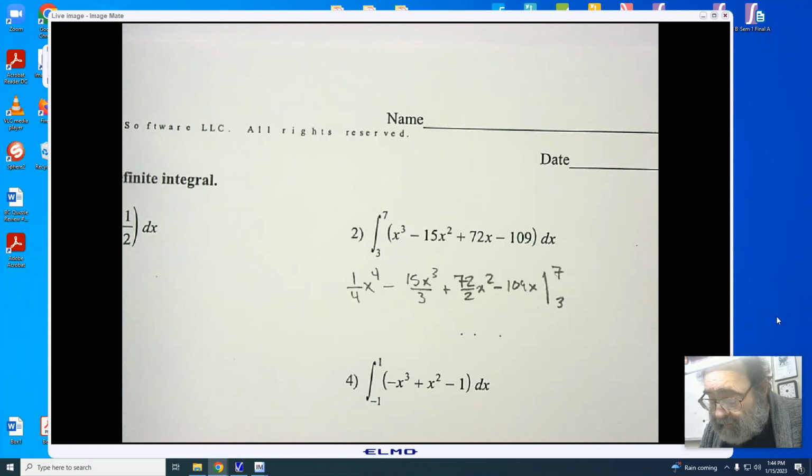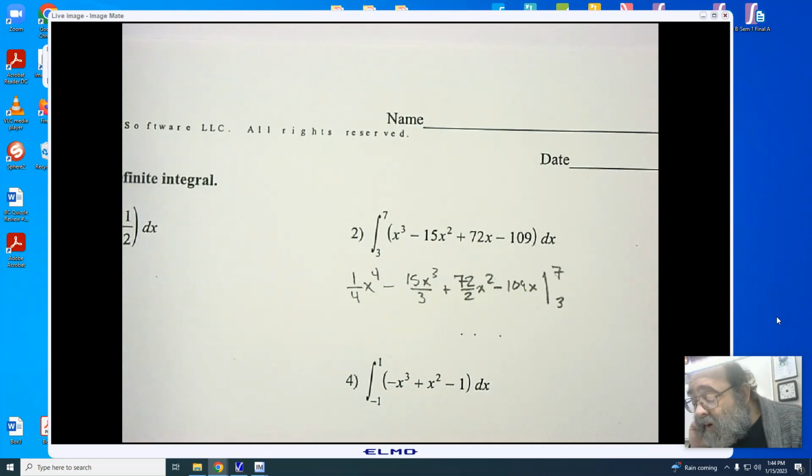And then we're going to subtract. Now you'll notice I'm going to simplify that to 5, then times 7 to the power of 3, minus, excuse me, that's a plus.